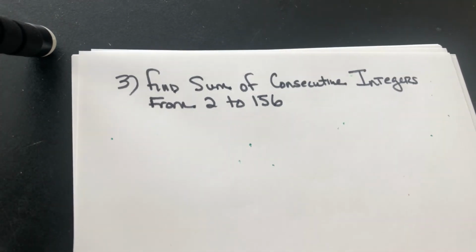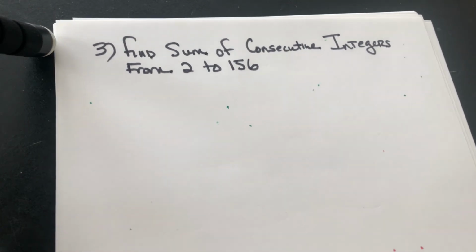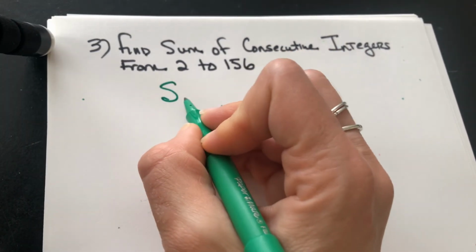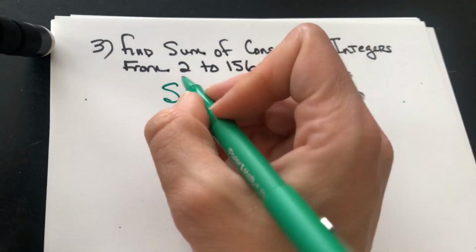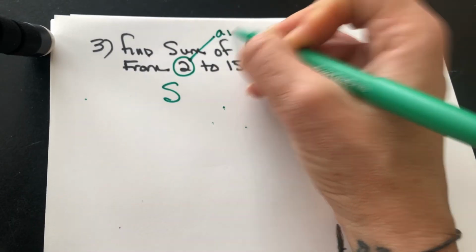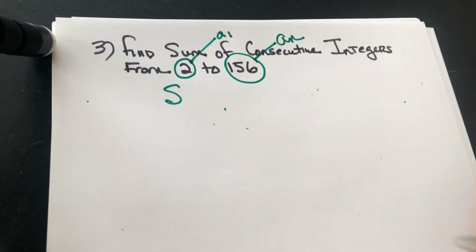Okay, so let's take a look. Again, I want consecutive integers going to 156. You guys are using your sum of arithmetic sequence formula, or series. So we got S of, well, if you take a look, A of 1, hopefully you guys tell me, is 2. What's this one? This is your last term, right?